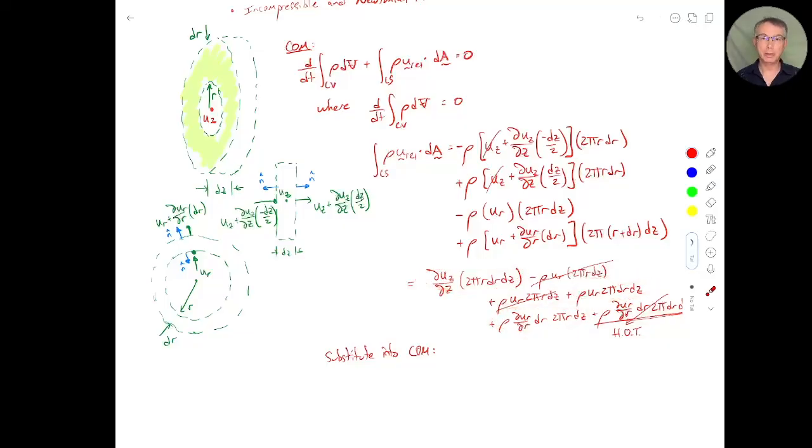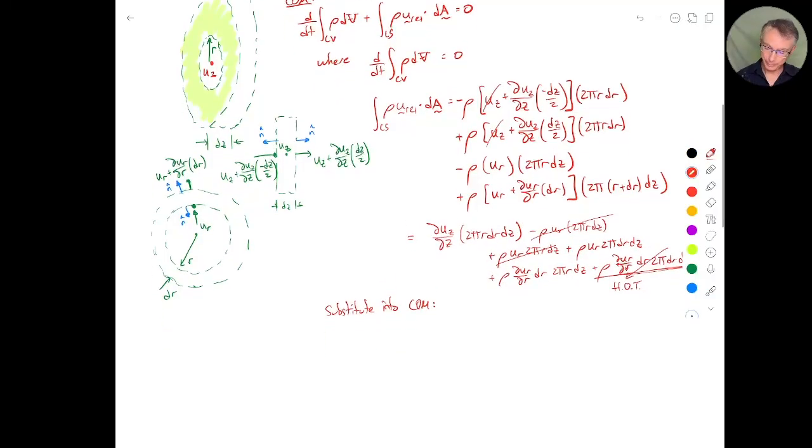So we'll just expand that out altogether. That whole thing should be 0. So duz dz times 2 pi r dr dz plus rho. Oh, by the way, I think I forgot a rho here. When I expanded these two terms and added them together, I forgot the rho. So let me add that in there. That goes in the front. Sorry about that.